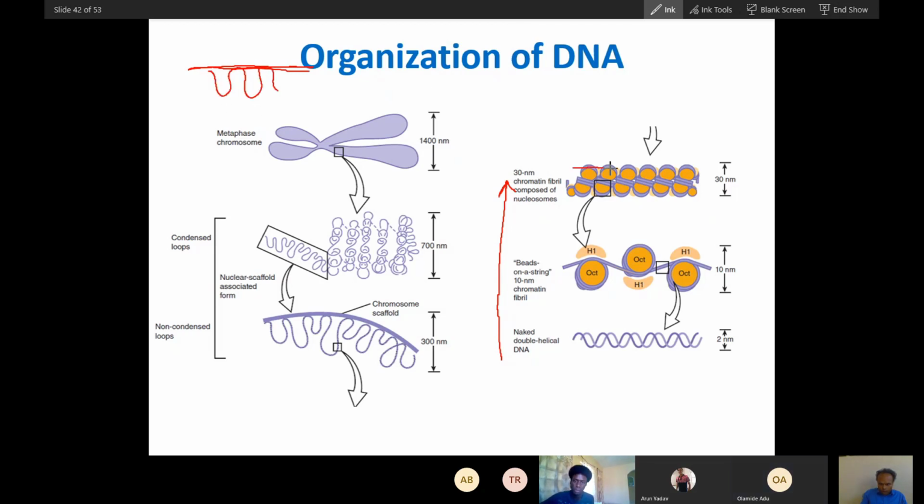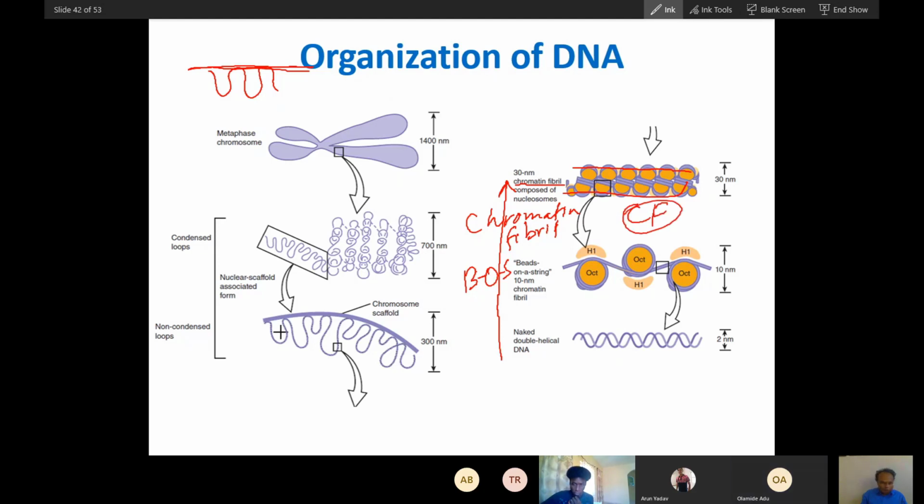This whole structure is represented by this, a straight line representing the 30 nanometer chromatin. So this is the chromatin fibril. Remember the terminology: fibril. This is the bead on string structure, and this is CF, chromatin fibril.